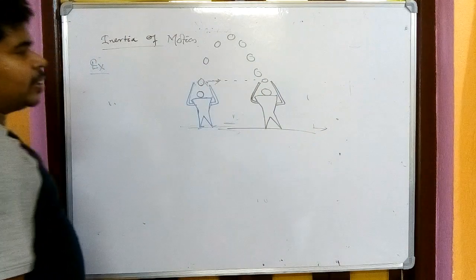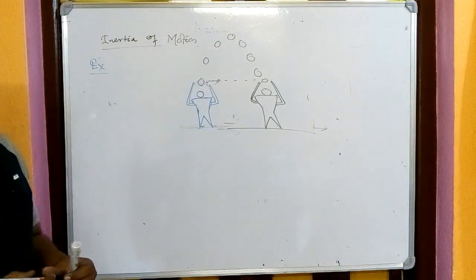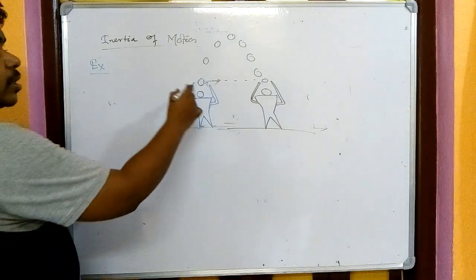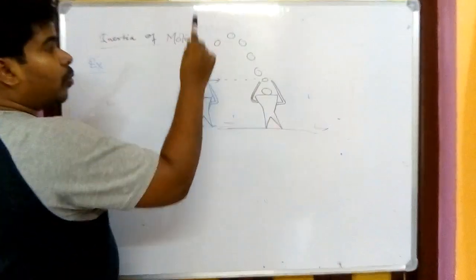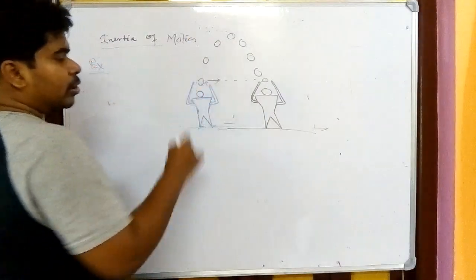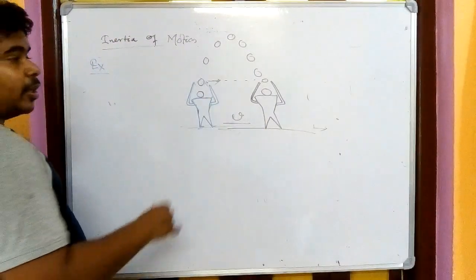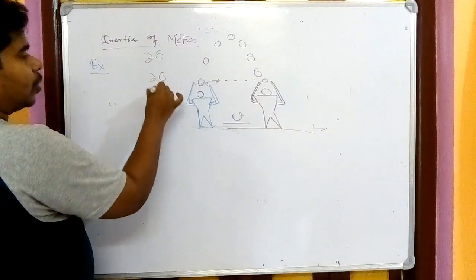So he can easily catch the ball. That is also due to the inertia of motion, because when the ball is thrown by the man, the ball also has the velocity v by which the train is moving. So it is not moving in a straight line and coming downward.